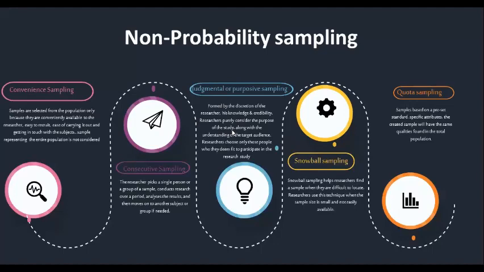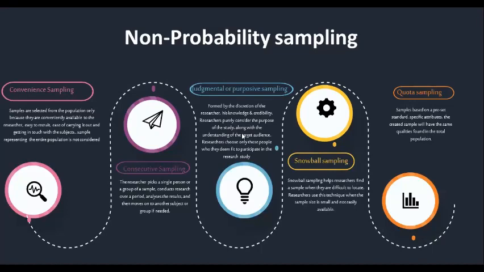Now, when we use our own discretion to choose our sample subjects, there are a lot of negative points. What are the negative points? We will influence our results. If we do not have a broad approach, we are already judging the population.